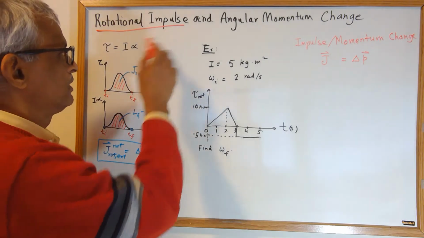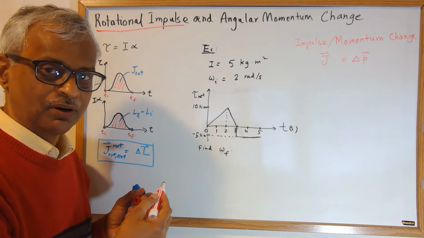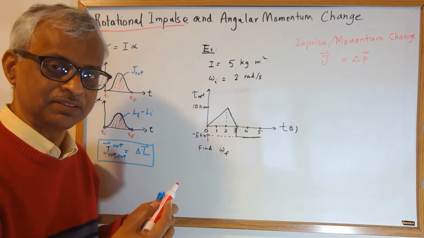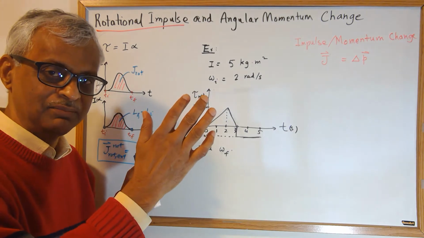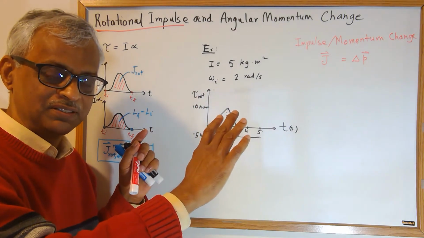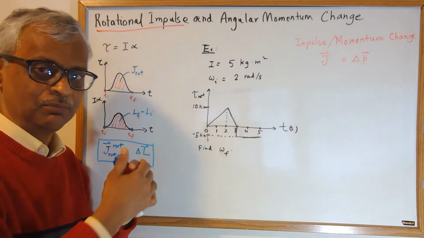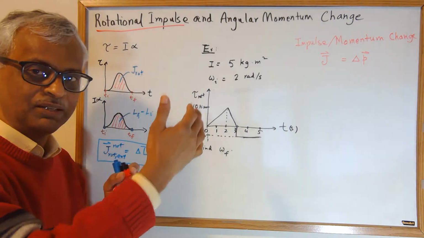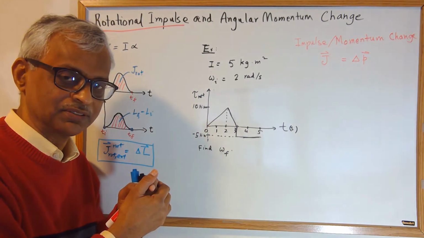You may remember impulse from force impulse. When force is varying in time, we plot the force versus time, and then we look at the area under the curve. We get an impulse, or you can say force times time is the impulse of that force.